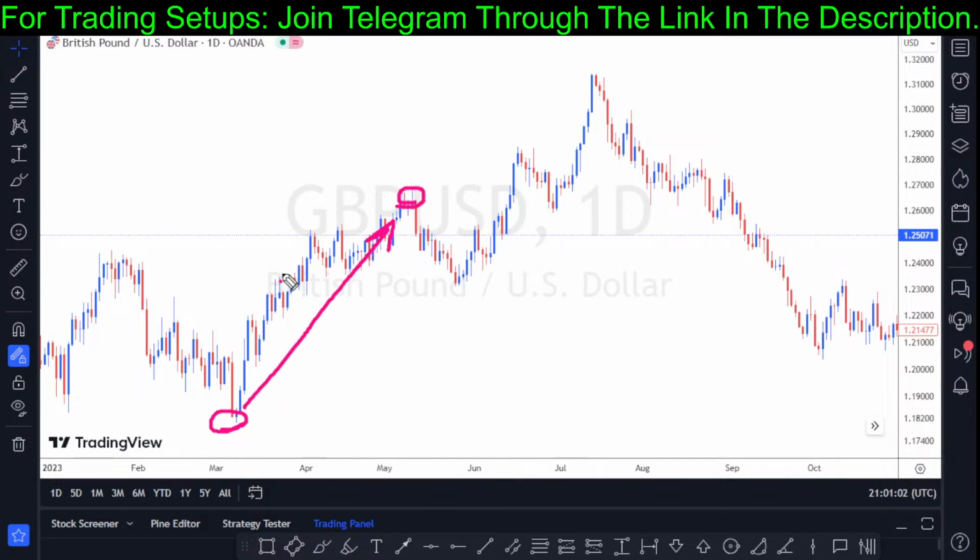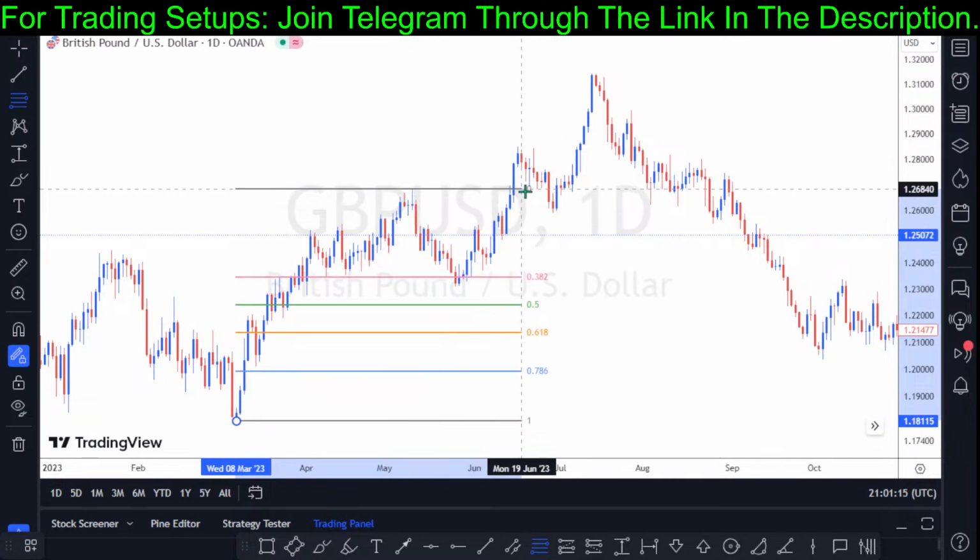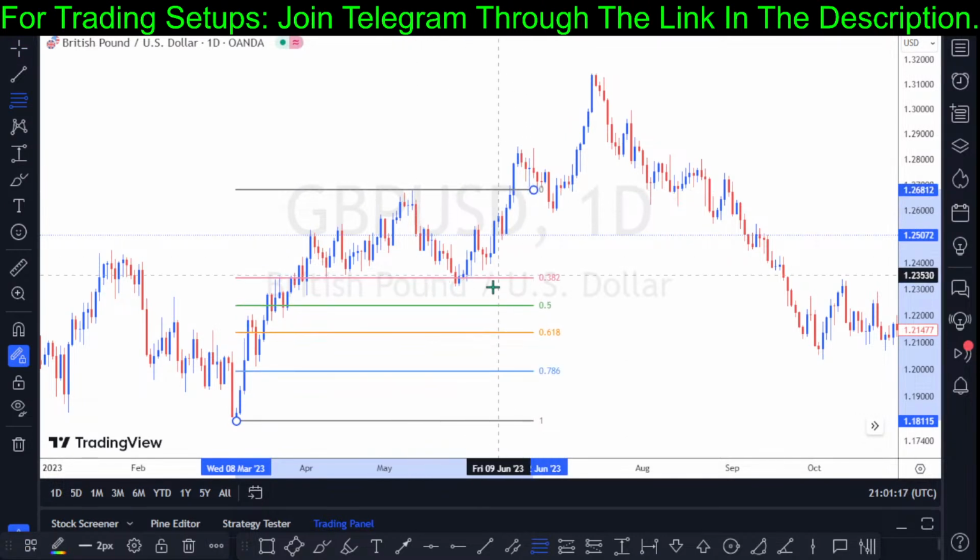So how can we use the Fibonacci retracement tool in this market? So what we need to do as a trader is apply our Fibonacci retracement tool from the swing low right here to the high swing right here. You can see how the 0.382 acted as support for price.